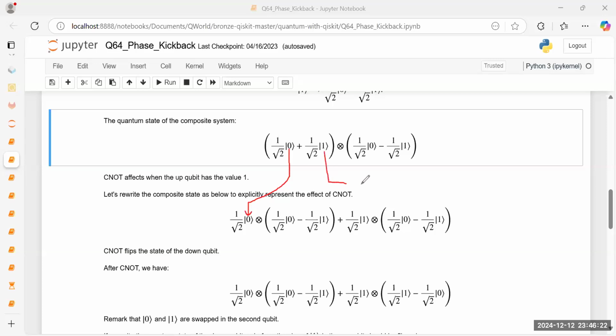And 1 here, that's what we have here. Then the minus states we have here, here and here also. Same way we do normal multiplication.